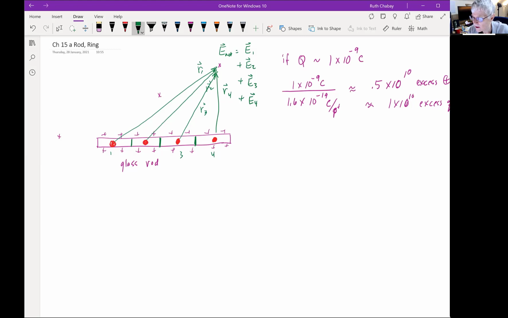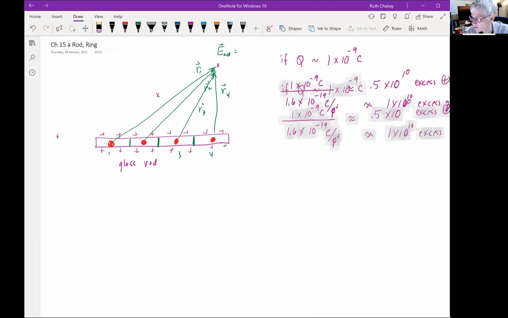And in fact, we typically are going to write these not as E1, 2, 3, 4, but as a delta E. So let's move this out of the way.